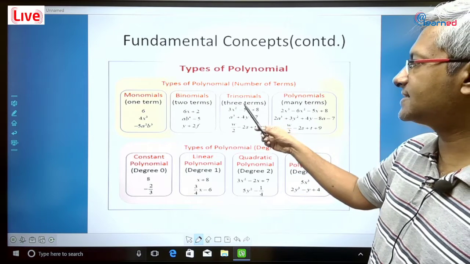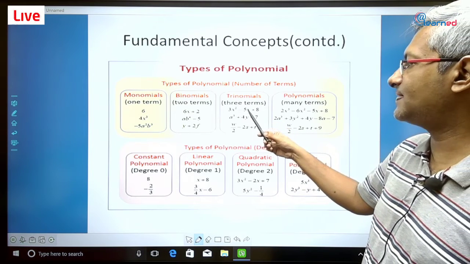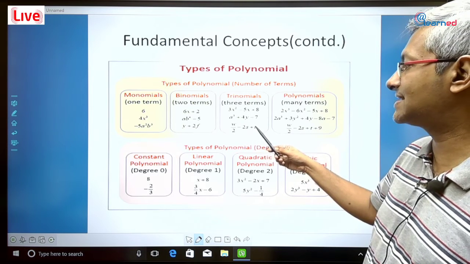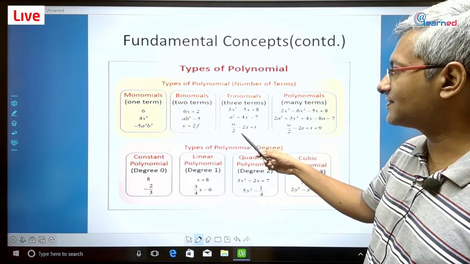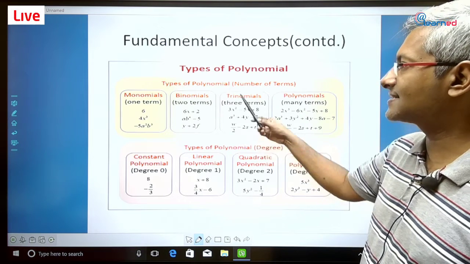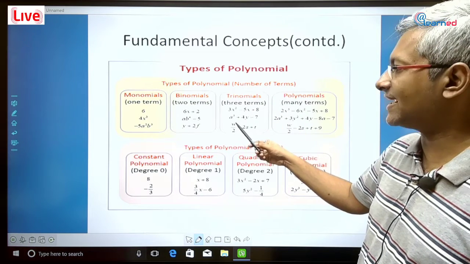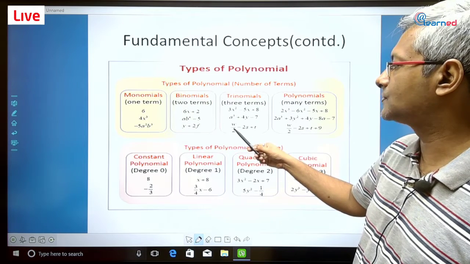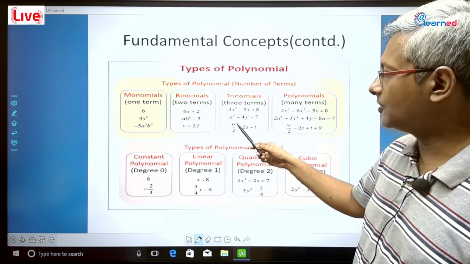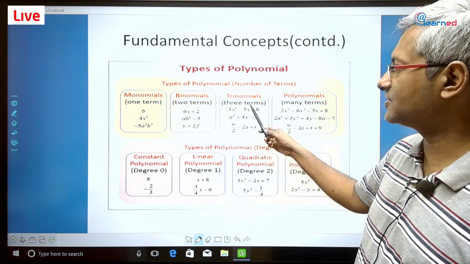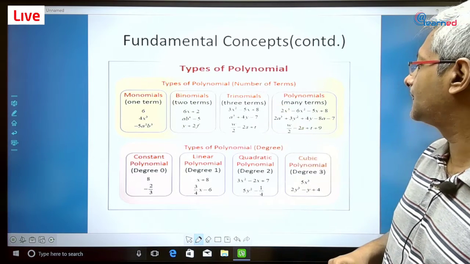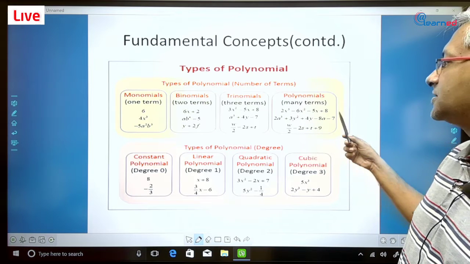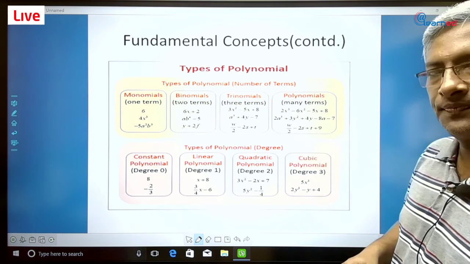A trinomial of 3 terms is like x squared minus 5x plus 8, or y squared minus 2s plus t. This is a valid trinomial as a polynomial. Okay, and this is a polynomial of many terms. All right.